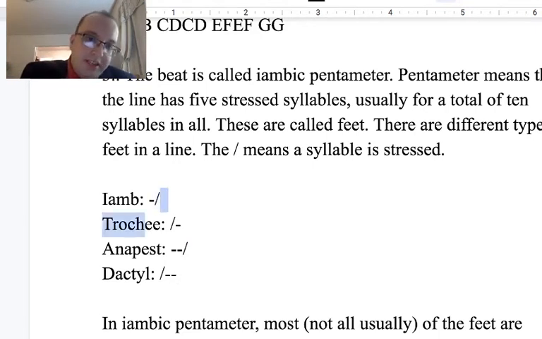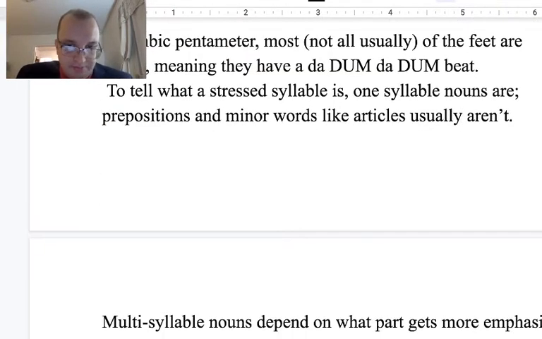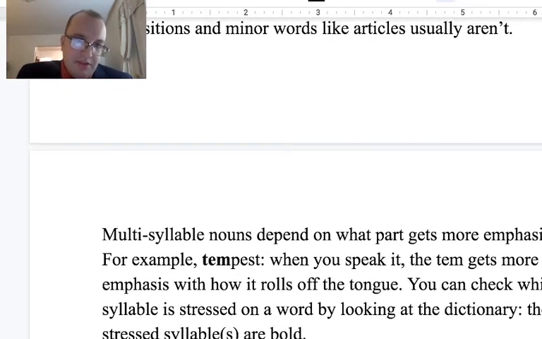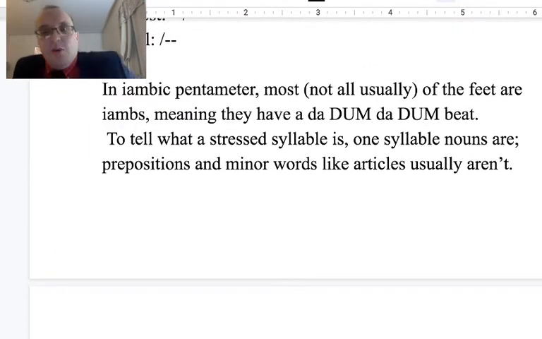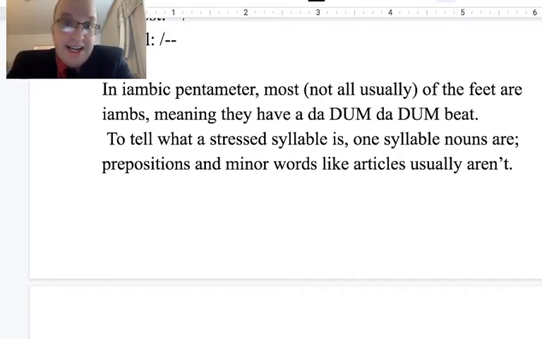So the majority of the feet in the line, for it to qualify as iambic pentameter, have to have the da-dum, sing-song sort of beat to it. And so, basically, to know what's stressed and what isn't: usually one-syllable nouns like foot would be a stressed syllable in a line.